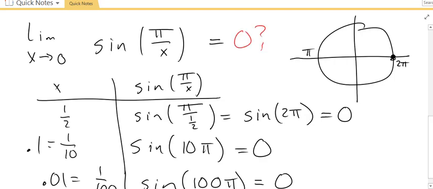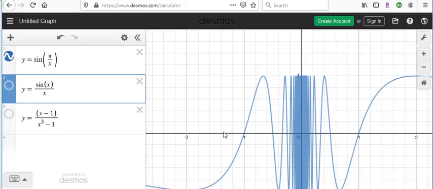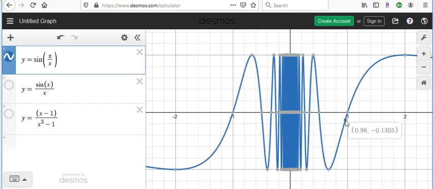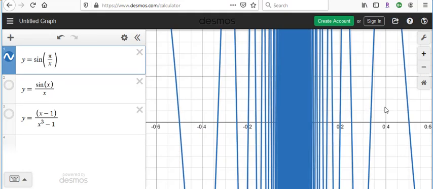However, if we look at the graph the way we have in the previous two examples, we'll see something different. Something you probably haven't seen too often before as far as a graph goes is this very fast oscillation happening in the middle here. That's just the sine curve bouncing up and down faster and faster.